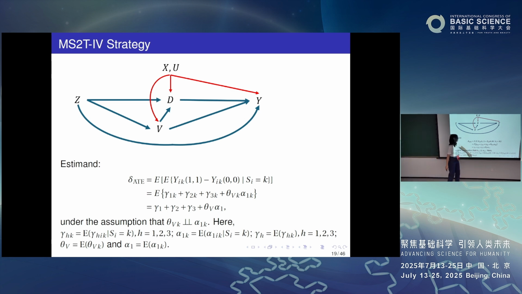This assumption essentially says that for schools that have higher impacts of class size on their kindergarten test score, it would be violated if that is associated also with a higher impact of the kindergarten test score on first grade test score.